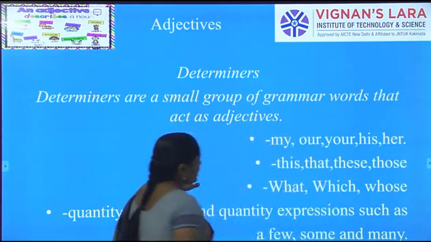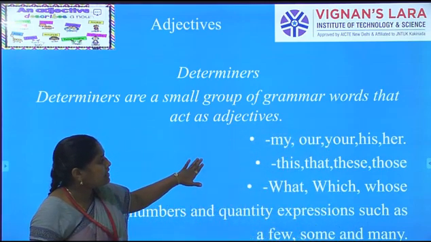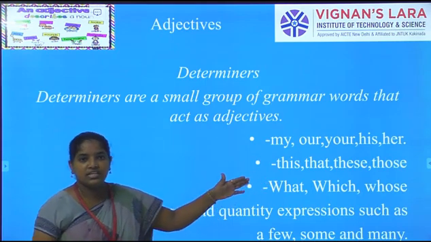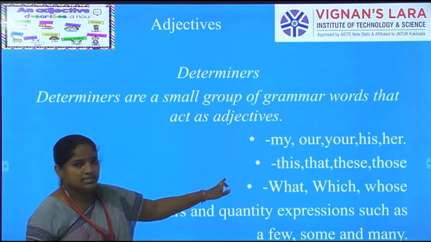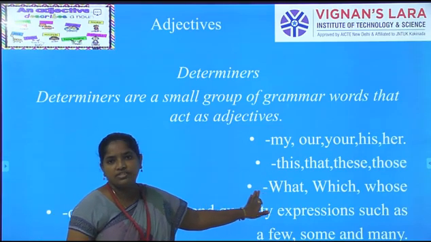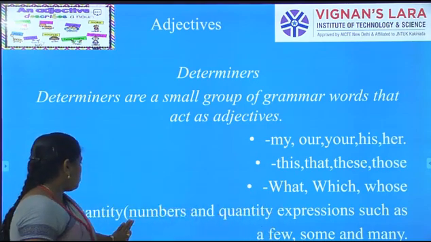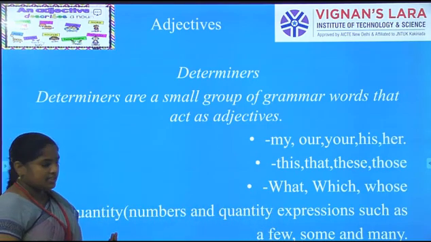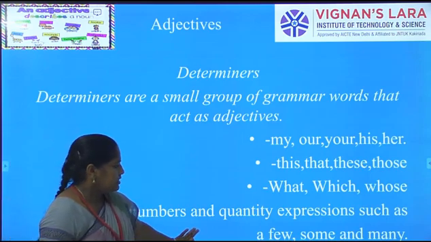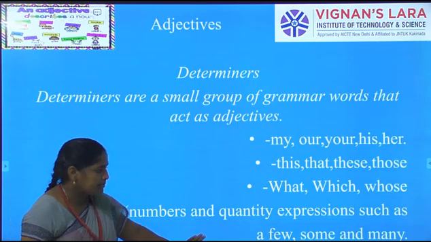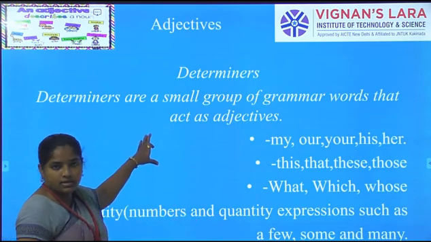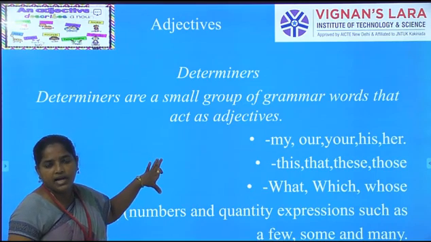For example, determiner adjectives are my, our, your, his, her; this, that, these, those; and the question words what, which, whose. Another kind is quantity: numbers and quantity expressions such as a few, some, and more, or many. These are all called determiners.